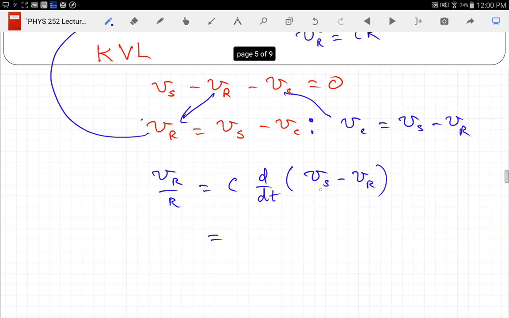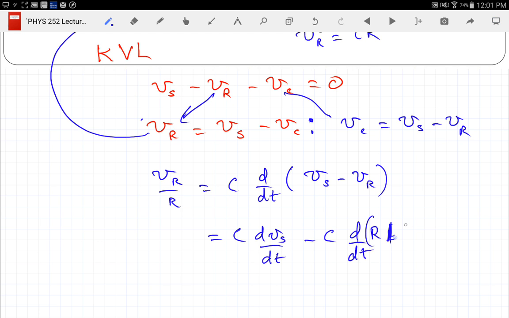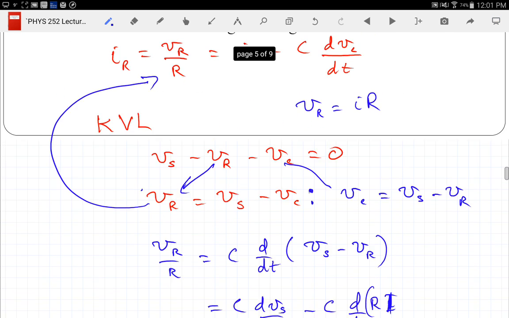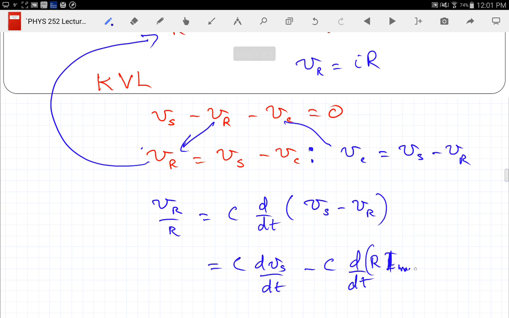And if I do the derivative of V_R, I'm going to have that equation.